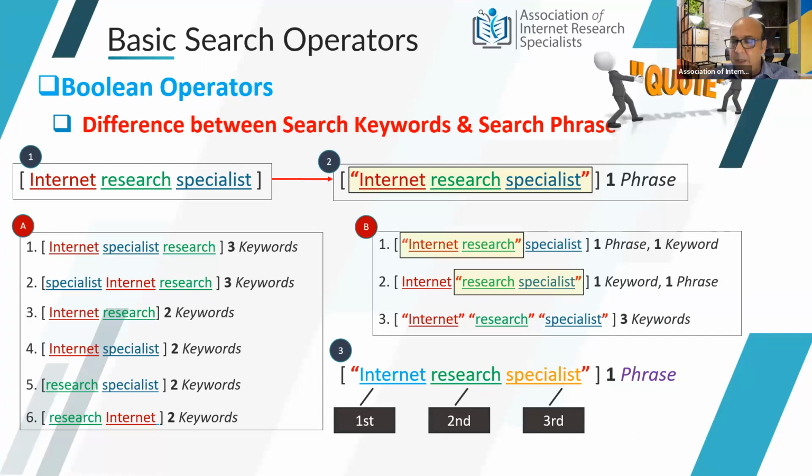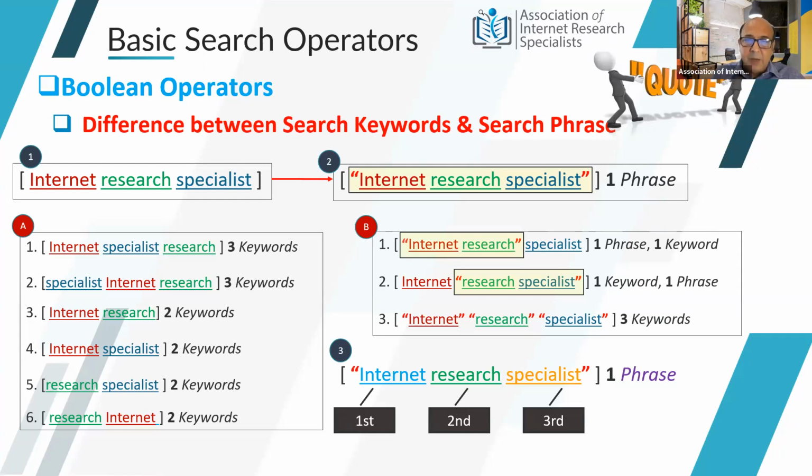The content pages returned must have all three words: internet, research, and specialist, because they're placed inside of quotes individually. Yet this type of query will not ensure that all three are present in the same sequence, because we are not making it into a search phrase. Yet we are emphasizing that all three be present wherever they are placed on those content pages returned.